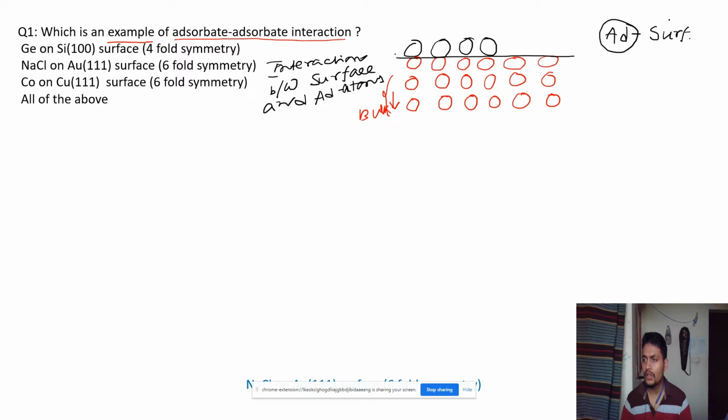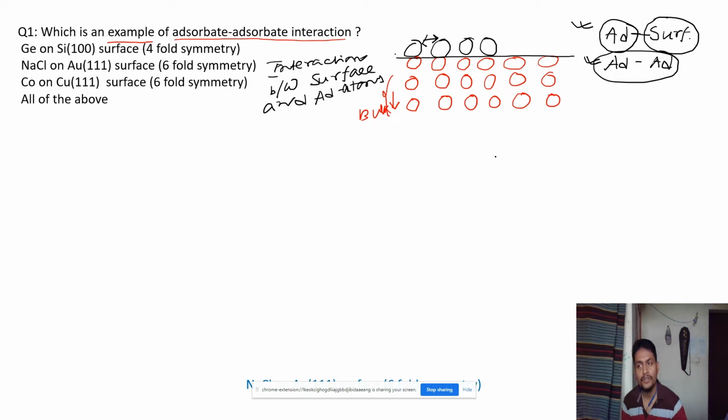These are the adsorbed molecules and these are surface molecules. The other thing is that among the adsorbed atoms themselves, interaction can play a role. There can be attraction, there can be repulsion, whatever it is. So there will be an add atom-add atom interaction, and the interplay between these two interactions, add atom-surface and add atom-add atom, basically determines how the add layer will grow on the surface. There is always a compensation between these two.